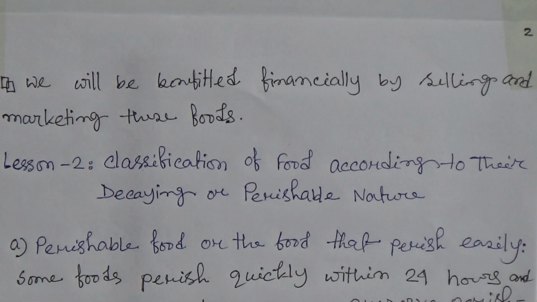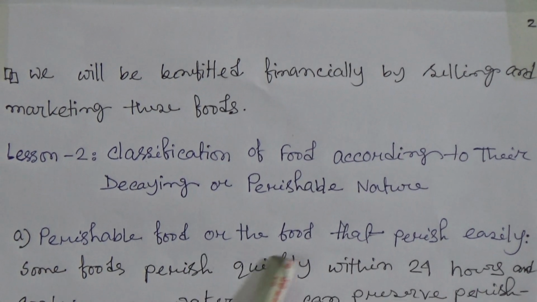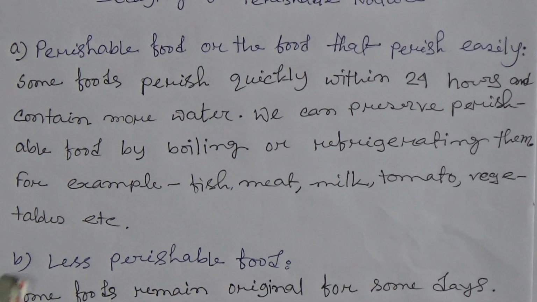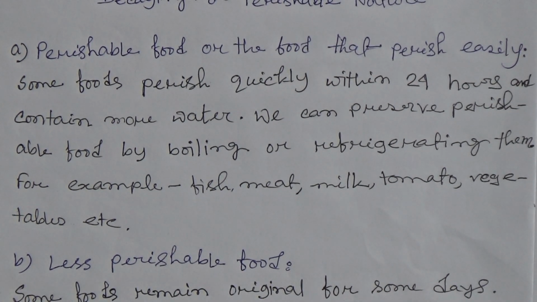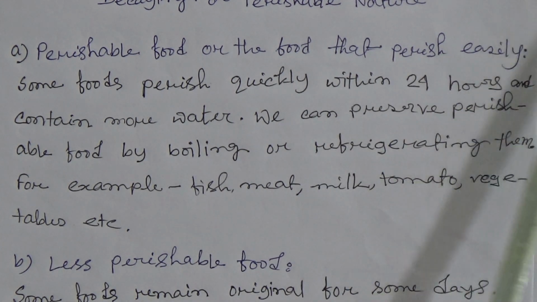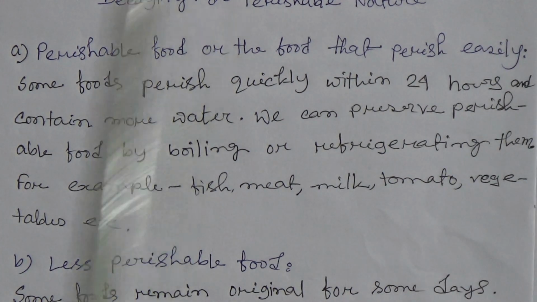So what are they? Number A is perishable food, or the food that perish easily. Number B, less perishable food. That means these are actually less perishable than the perishable foods. And then the next one is the imperishable food.